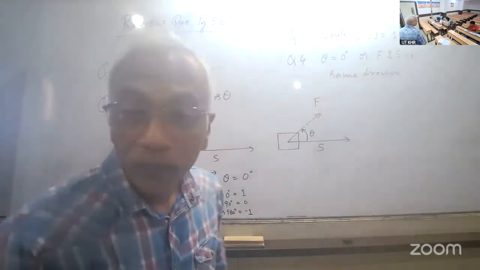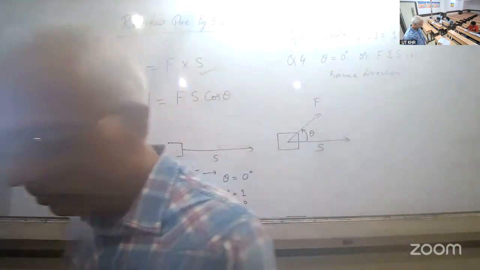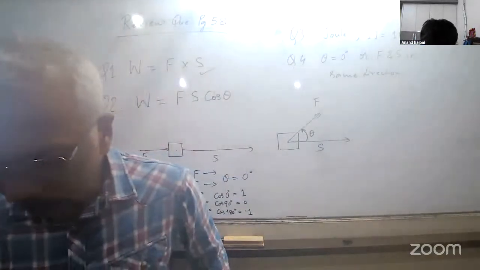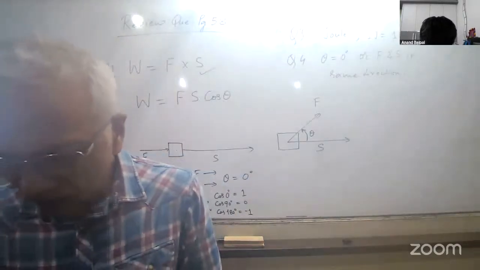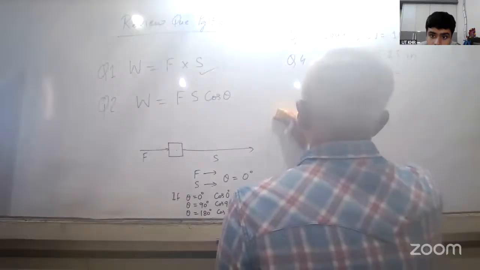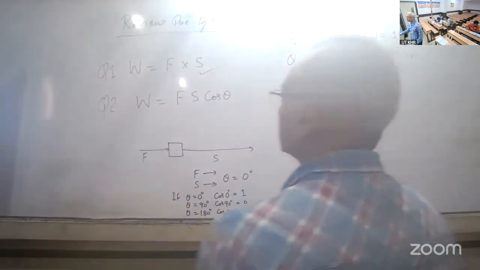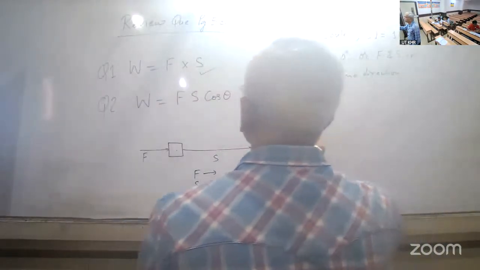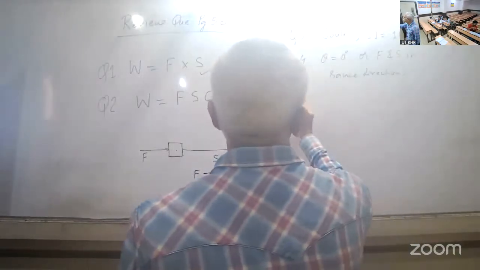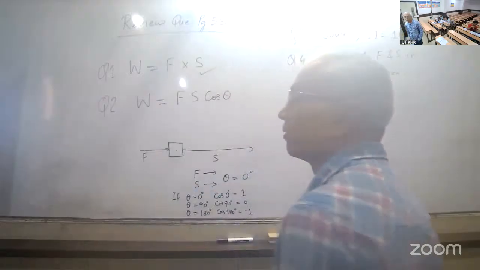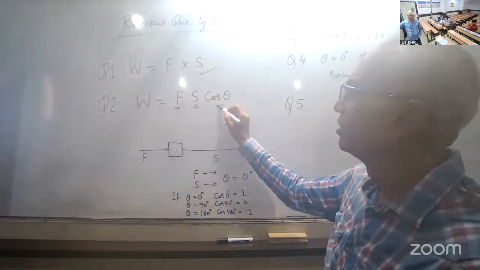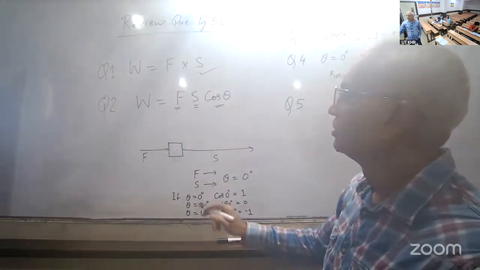Okay, Anand, you take question 5. Unmute yourself. When is no work done by a force? So three possibilities: work depends on force, displacement, and cos theta. Right?